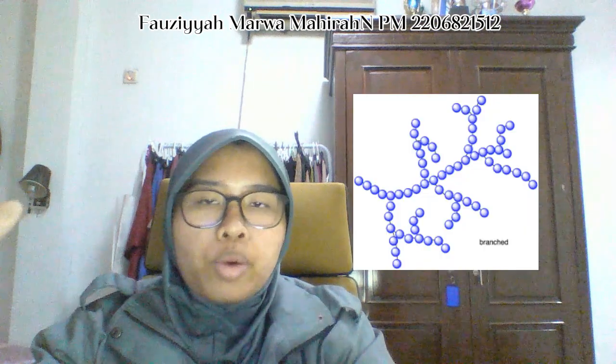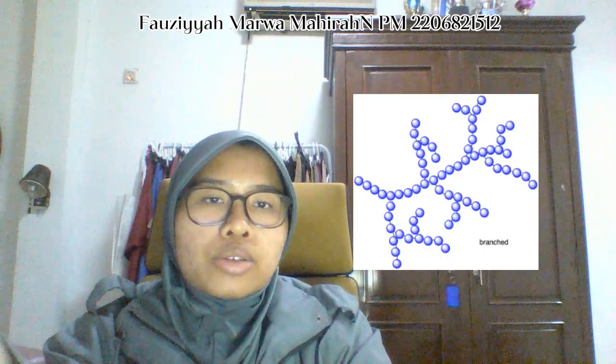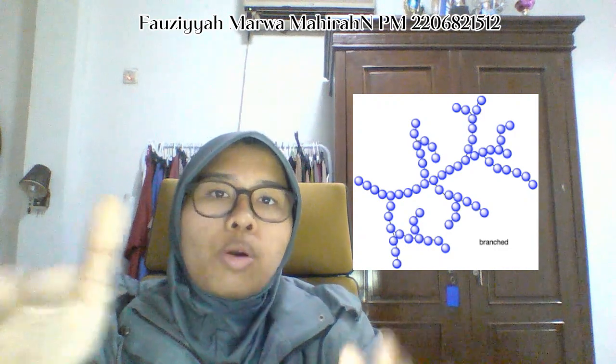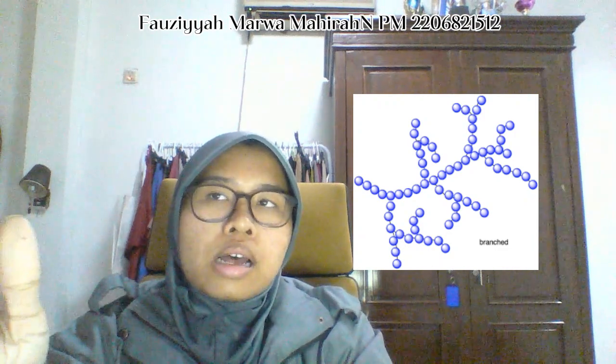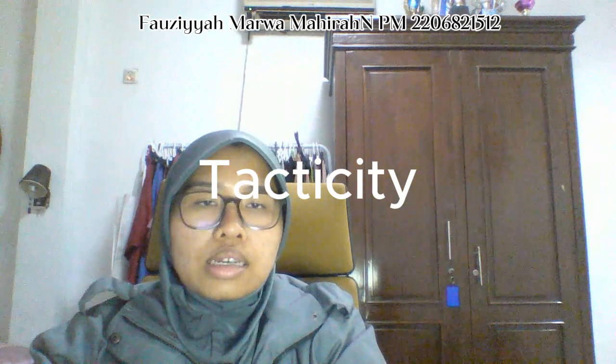The next is branching. We already talked about branching. In a polymer, the more branches there are, the less crystalline it will be, because it's harder to form those crystals and harder to reach that regularity. Next is tacticity. We also already talked about tacticity.